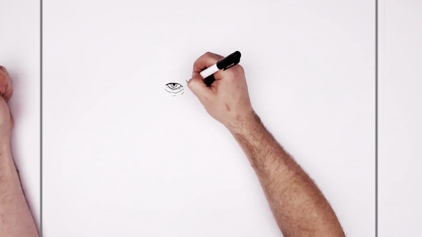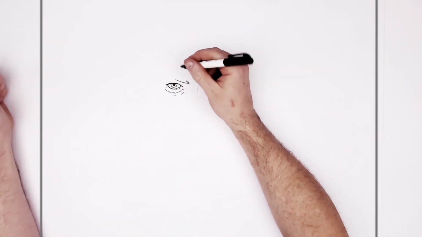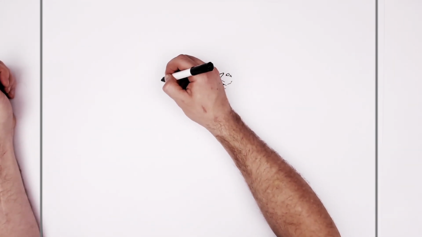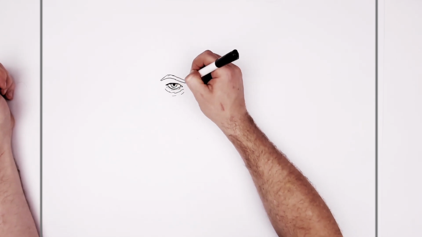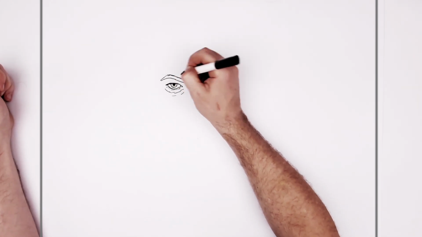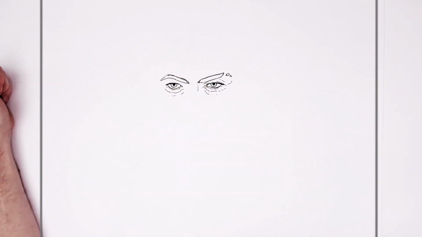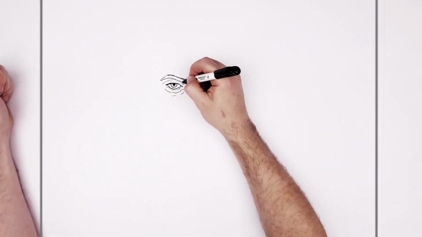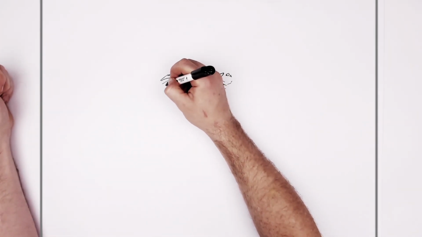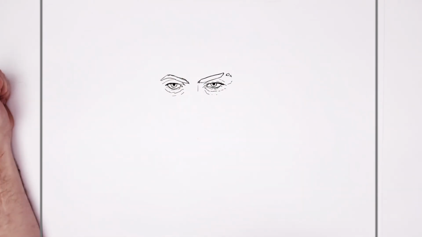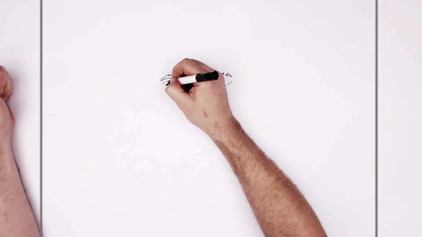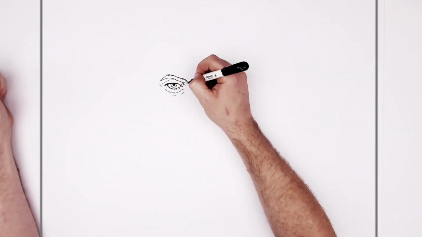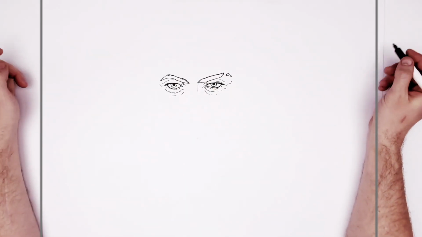Eyebrow starts. Don't think this one's shaved on this side, but I can't really see, so I'm just going to guess it's not. And then we got eyelid lines. There.